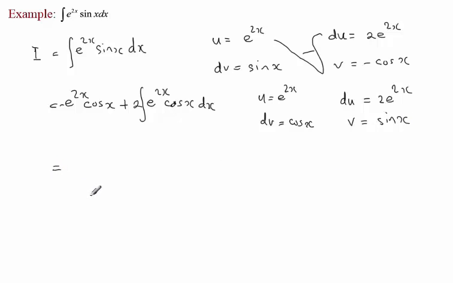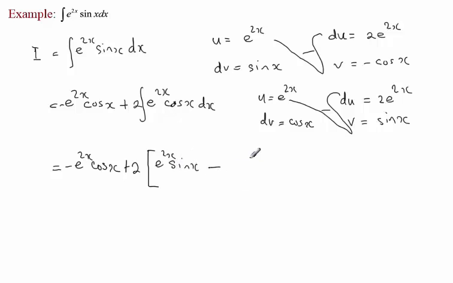In the next case here, I keep this minus e to the 2x cosine x plus 2, open the brackets, e to the 2x sine x minus 2 integral of e to the 2x sine x dx.